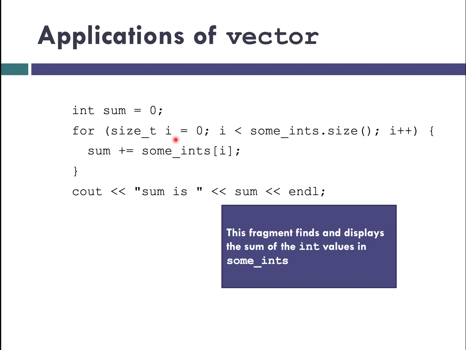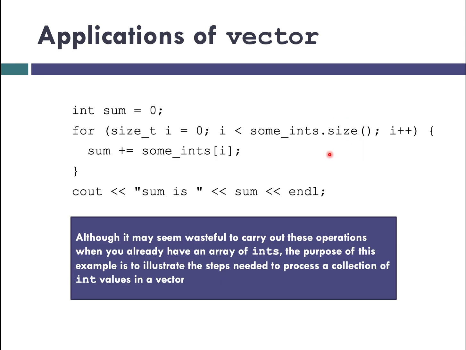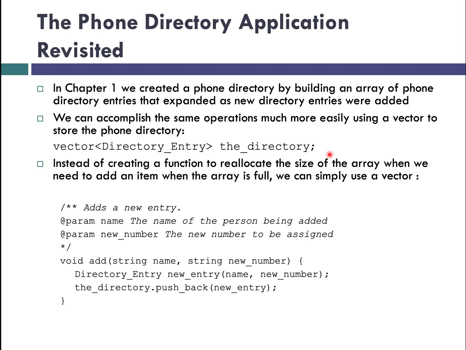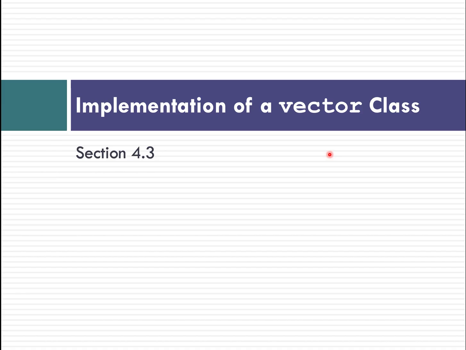You may have used integer as an index before, but it's actually more proper to use size_t as the type for something you're going to index your array with, and that will allow you to compare to the size of a vector. The text also talks about a phone directory application.